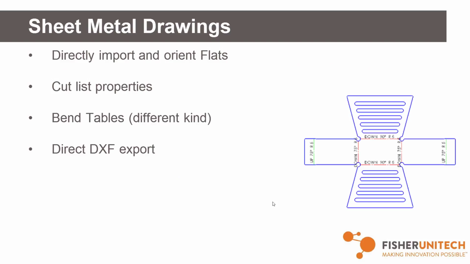Then I'm going to look at sheet metal drawings: how you can directly import them in there, reorient your flats, and get your cut list properties. I'll re-show what cut list properties are for the few people who didn't make it to the first one. Then we'll take a look at bend tables, which are different from the bend tables for bend allowances, and how you can directly export to DXF.